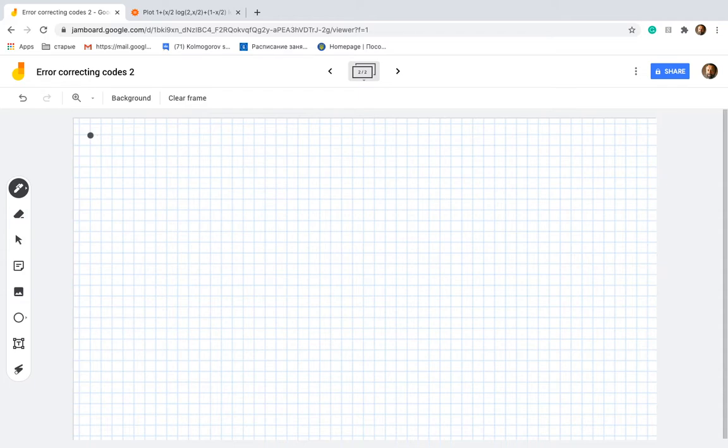So this is the first axis where we have k over n, the rate of the code. Here we have the second axis where we have d over n, and assume that this is 1. The first bound is the volume bound. It looks like that.